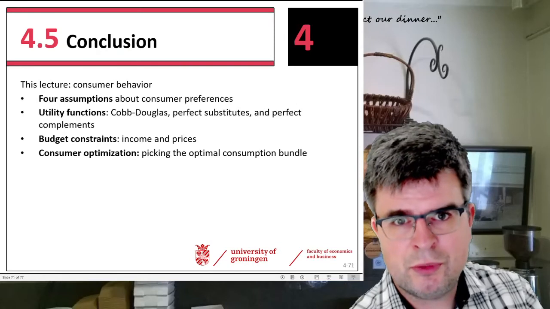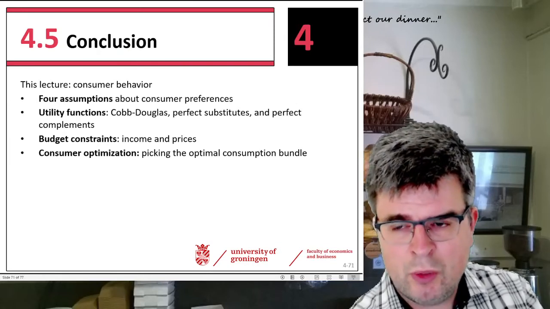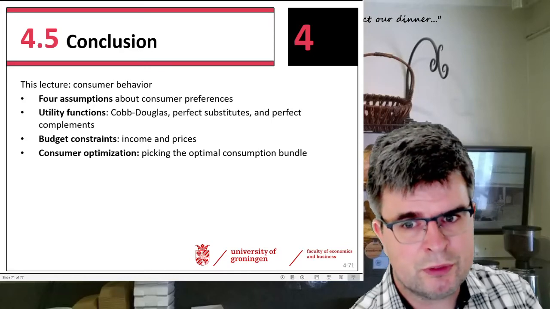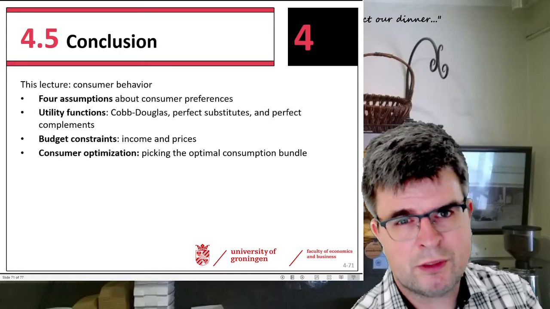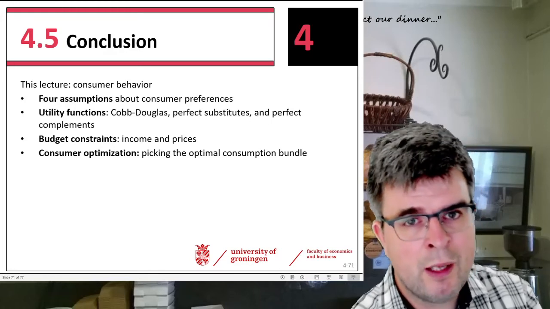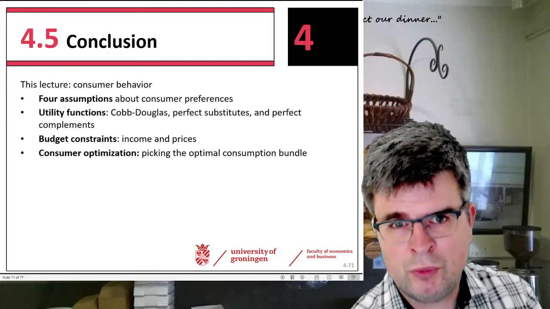This brings us to the end of the lecture on chapter 4. So what did we do? We first started with 4 assumptions about consumer preferences. They were light assumptions, but made our life much easier because they allowed us to express preferences in terms of a utility function.